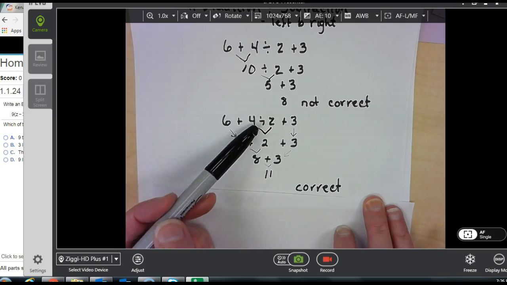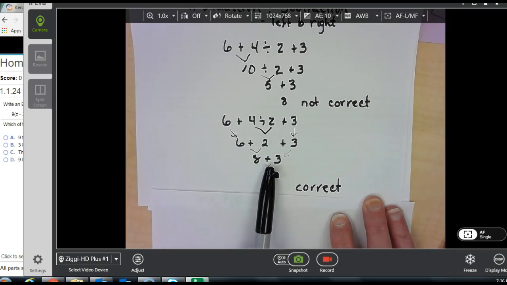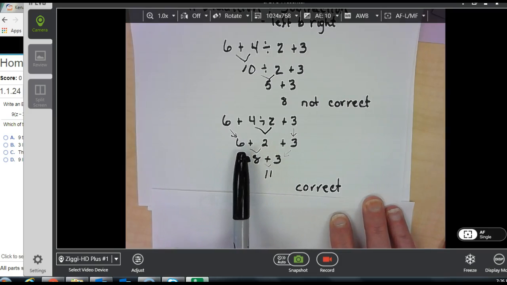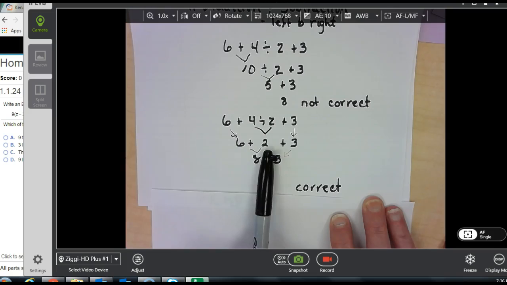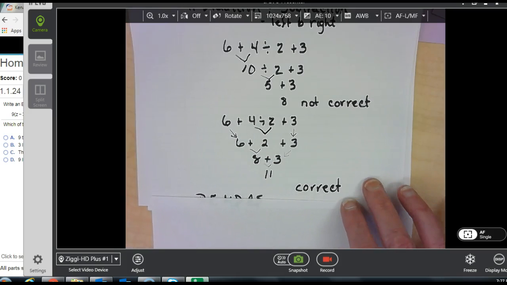If you get to this step, and this step I would definitely write down, the 8 plus 3, if you add 6 plus 2, get your 8 plus 3 is 11. You may skip this step. That is fine. But some of the steps of doing the division or multiplication you want to do, and then do the addition.